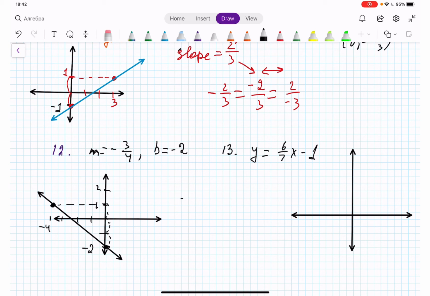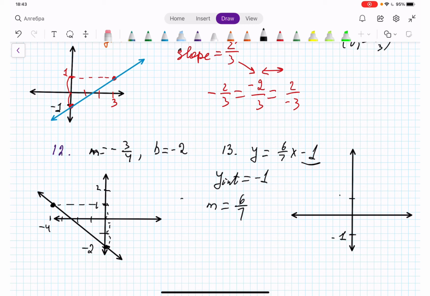So the y-intercept is -1, and slope m is 6 over 7. So -1, I'm using 2 cells for 1.